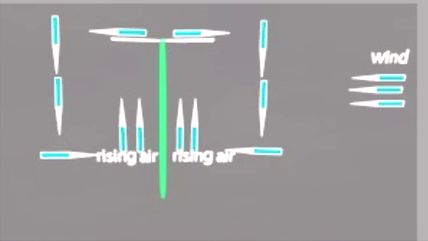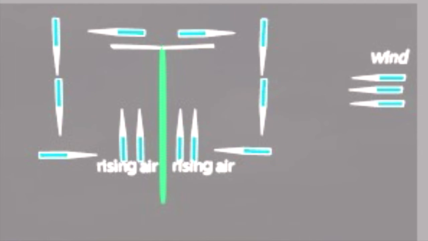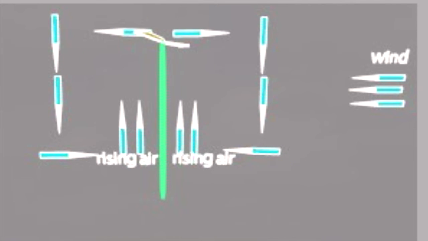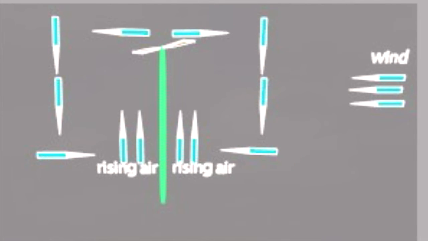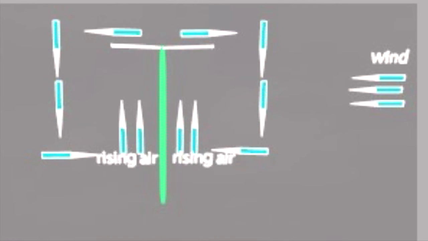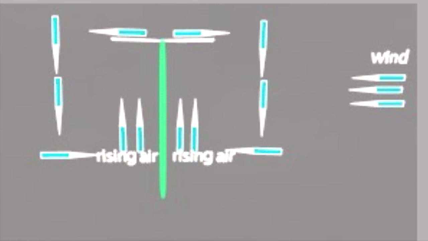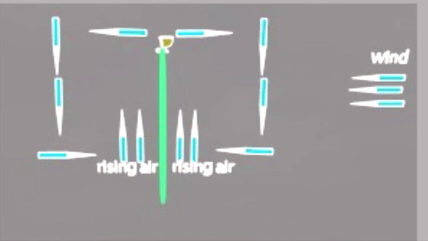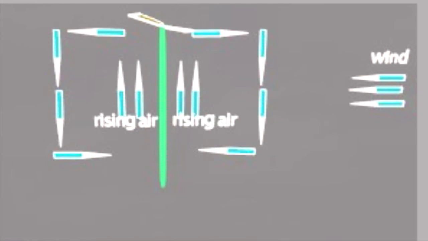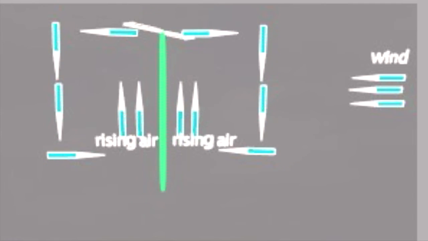Not much air rises, so the gravitational force will be greater than the rising air force, which doesn't bring it up. Also, because the spin is not very fast, it doesn't push enough air down, or maybe not any air, which makes the air on the side refill the place, so it will not fly up.